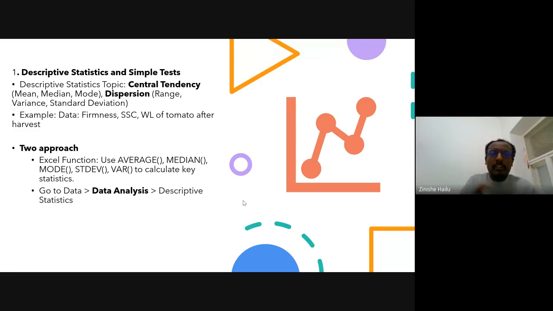We'll see different parameters, like in agricultural research. Let's say we would like to investigate food quality attributes: firmness, soluble solids, weight loss, color, pH, and so on. We'll use the summary, the average, of our experimental treatments.